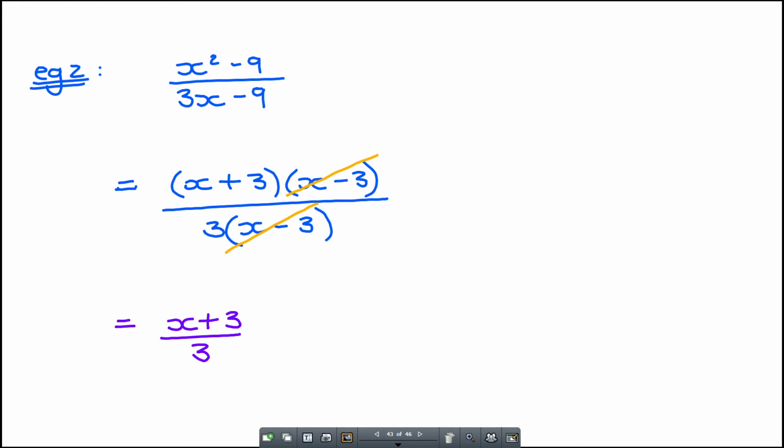Please, you guys. Can I cancel out those 3's? Why not? Because there are 2 terms at the top and only 1 term at the bottom. So I'm not allowed to cancel out. Please don't do that. The golden rule is 1 term at the top, 1 term at the bottom. Then I can cancel out.